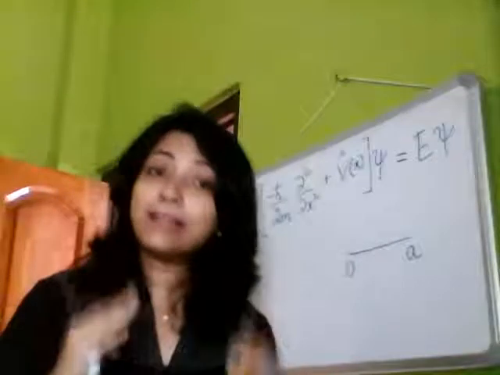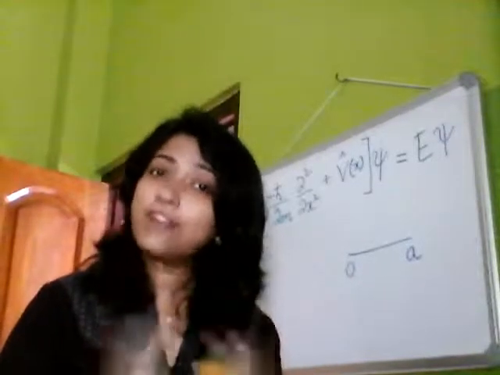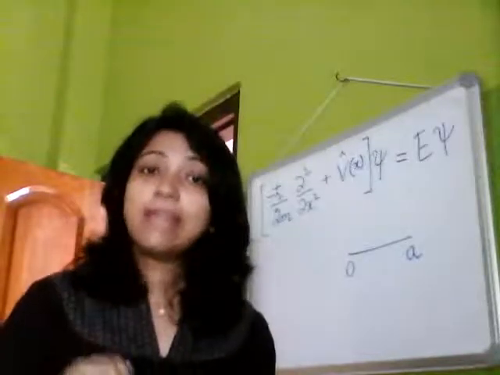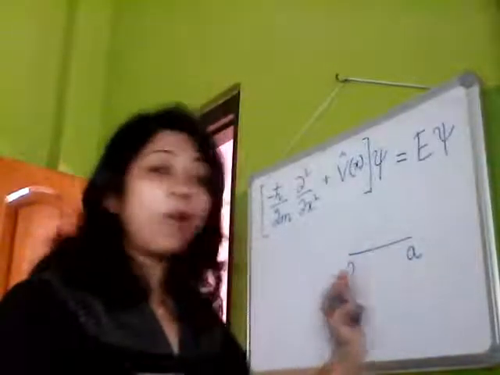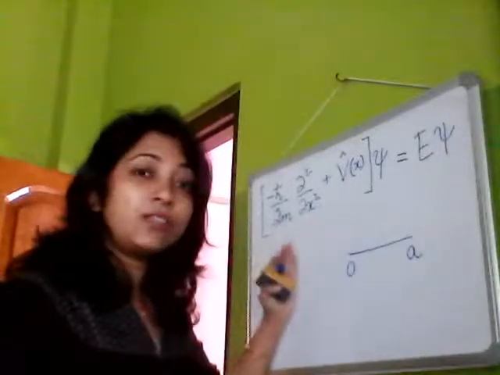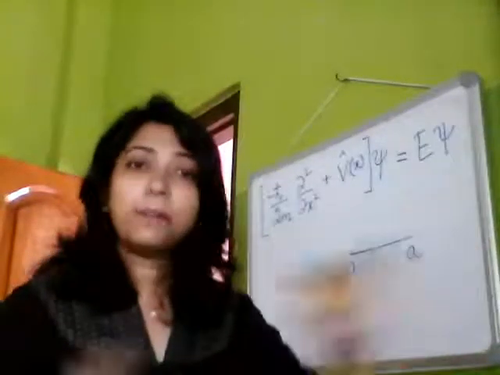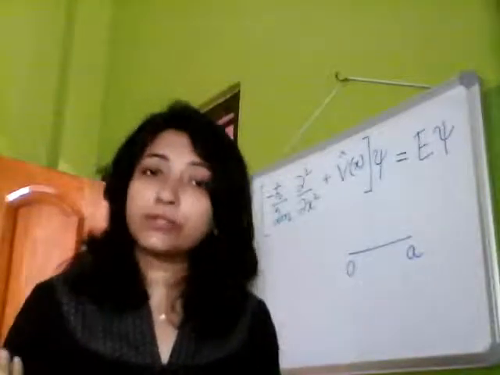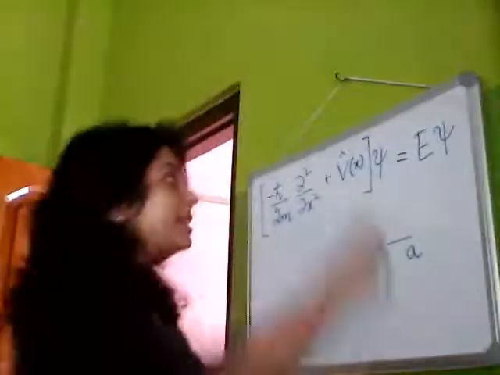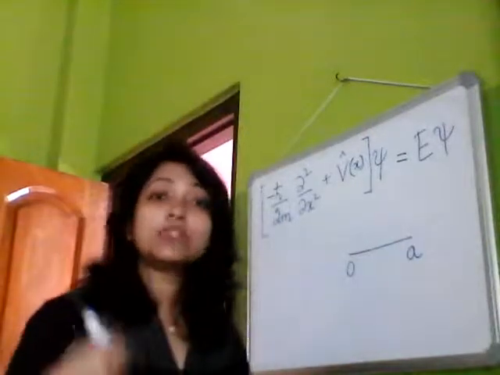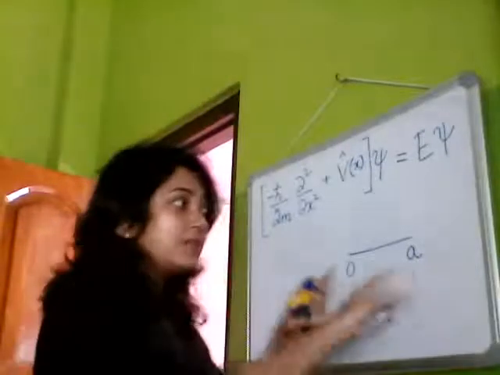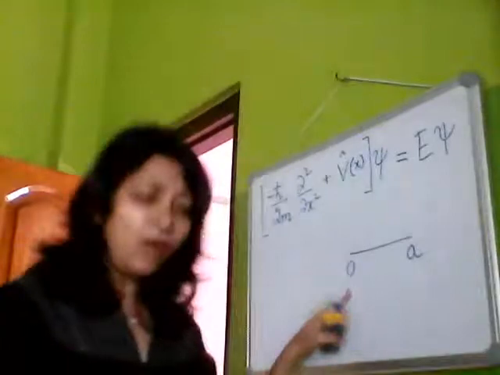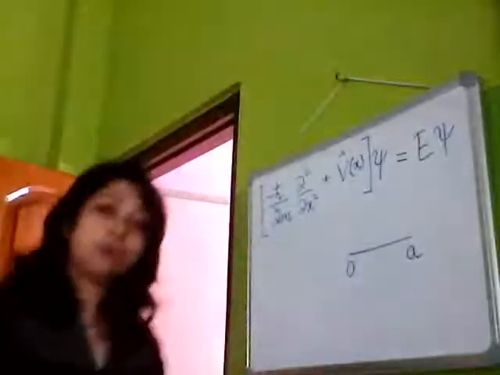And if the particle does not go there, the wave will not be present over there. I hope all of you are agreeing with me that beyond the limits of 0 and a, when I go to values less than 0 or greater than a, the particle will not go there. And if the particle does not go there, its wave function also will not be present over there. So this wave function that we are trying to solve today will only have values within our set region of 0 to a. Fine?